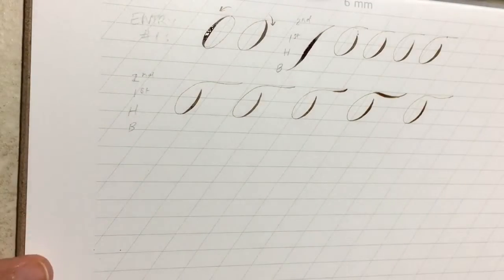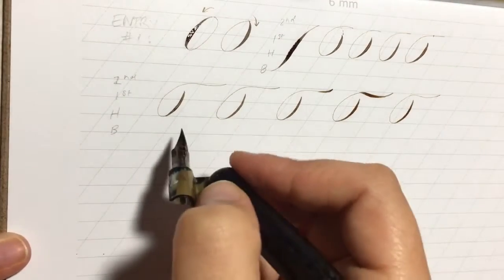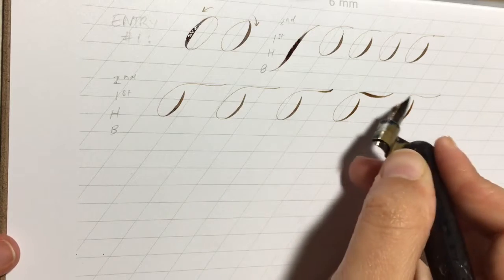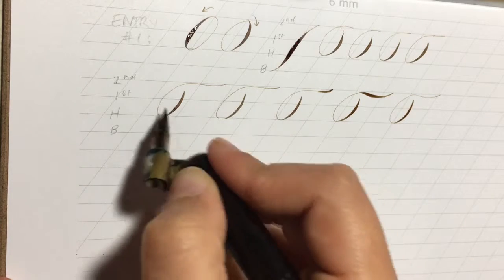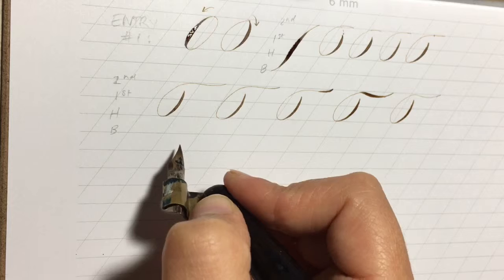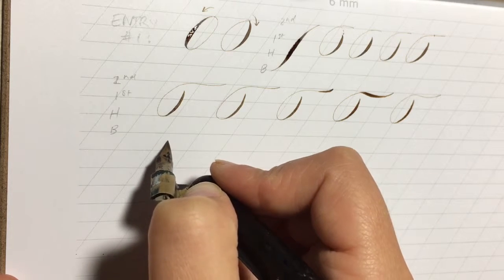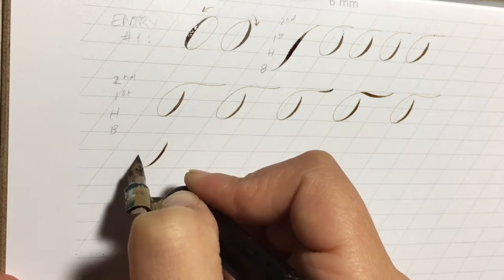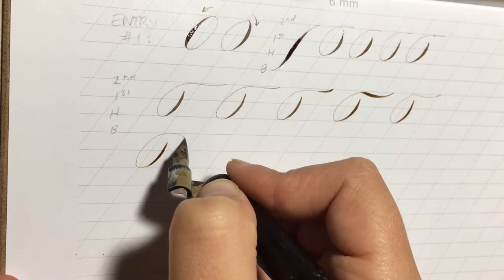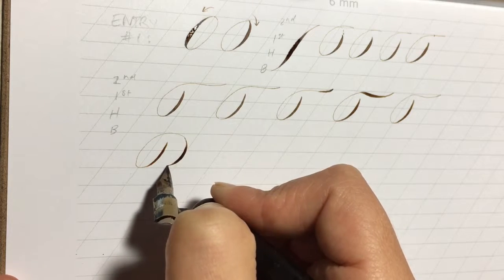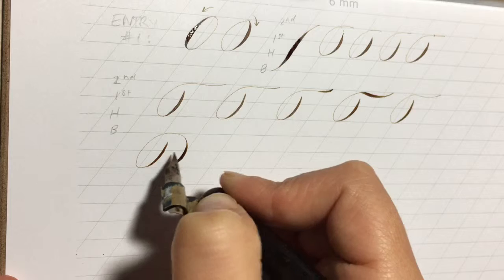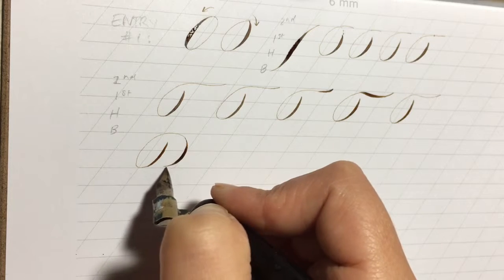The second variation, and honestly this is the hardest for me to make. The next one, I'm going to ignore these lines, I'm just going to start it right here, but it starts the same way with this indirect oval, come up to the second line, continue around with another indirect oval, except you stop right here.